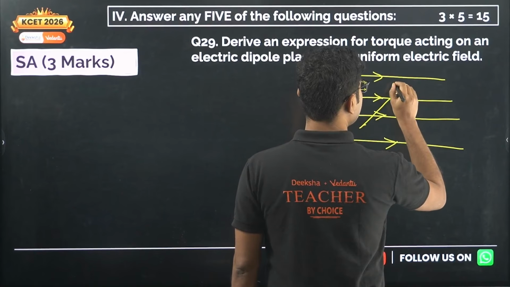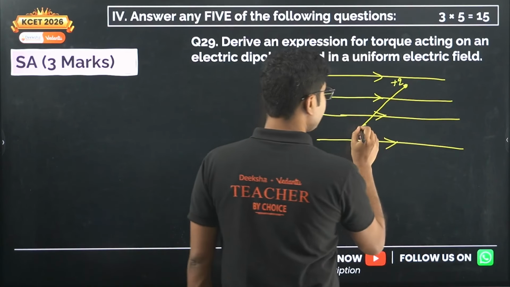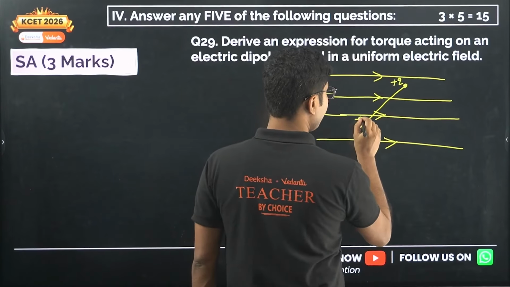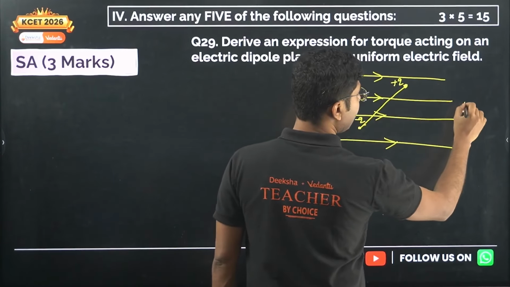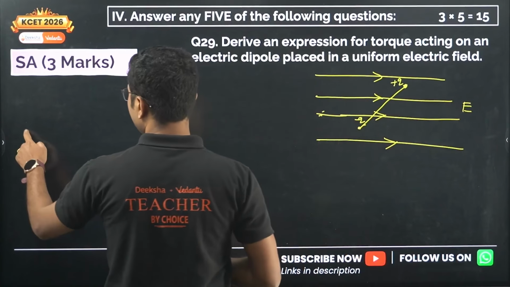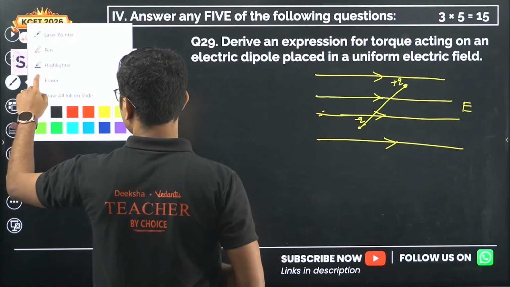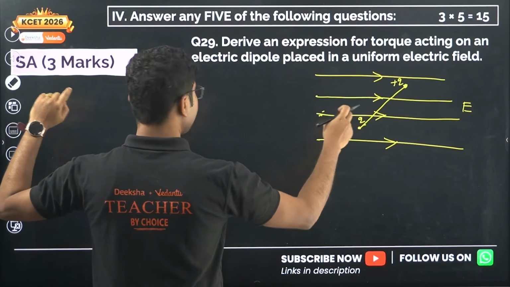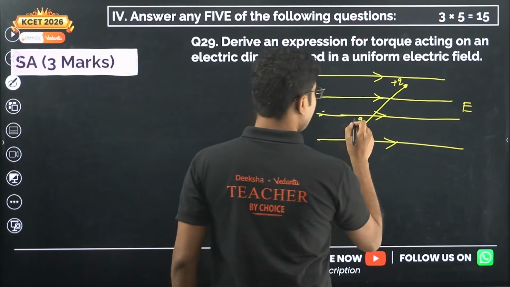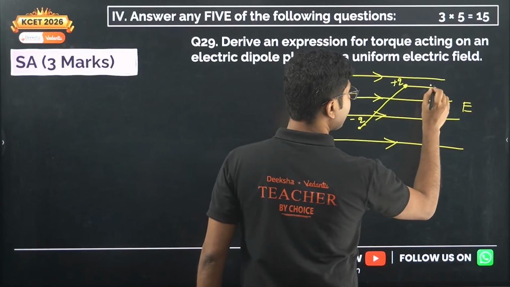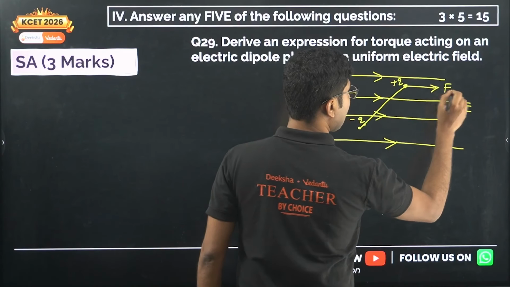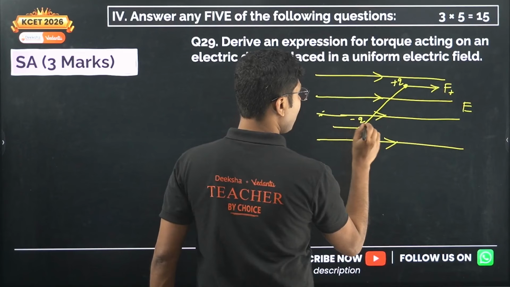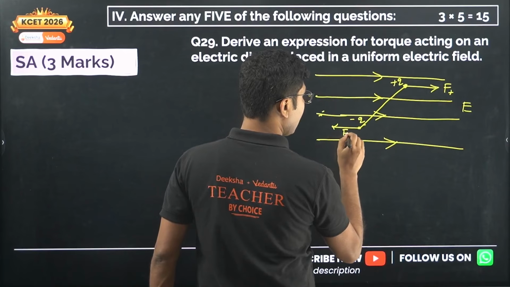So this is a positive charge Q, this is a negative charge minus Q, and this is an electric field E. What happens when you keep the dipole in an electric field? It experiences force. The positive charge experiences force in this direction, F plus, and the negative charge experiences force in the opposite direction of the electric field, F minus.